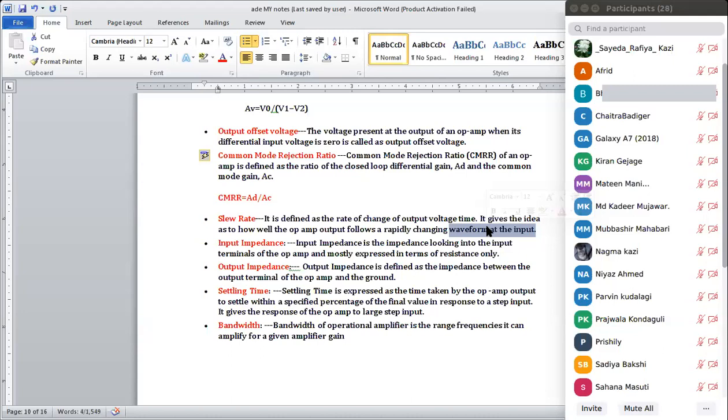When I change the input from zero to one, how fast does the output change? There may be a time delay before the input is reflected at the output side. That rate of change of output voltage with time is called slew rate.